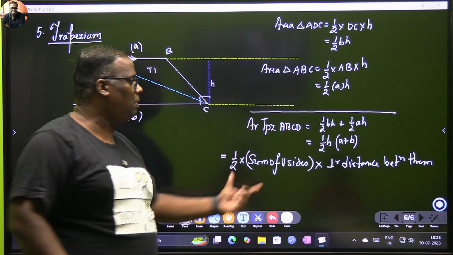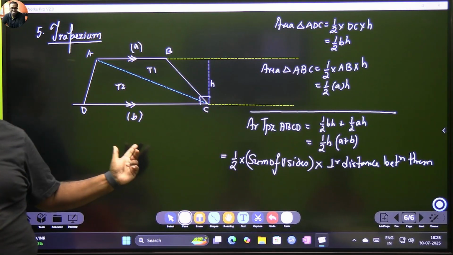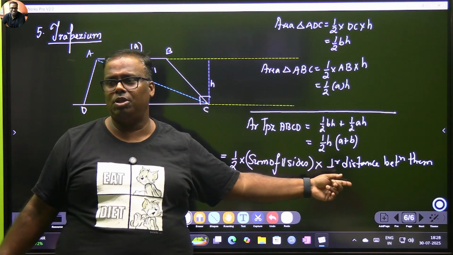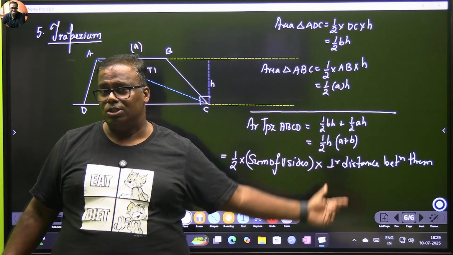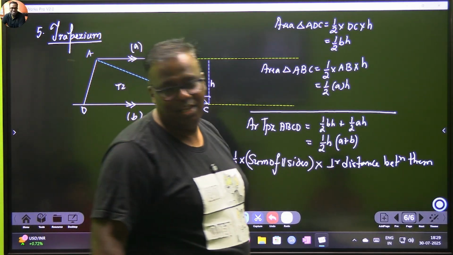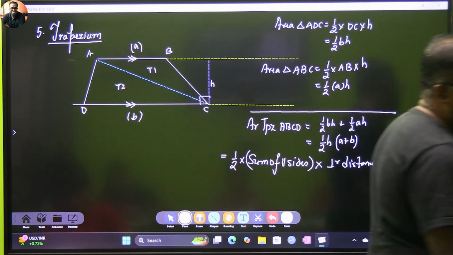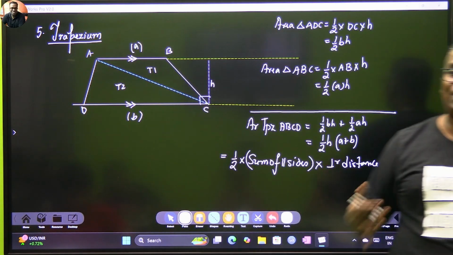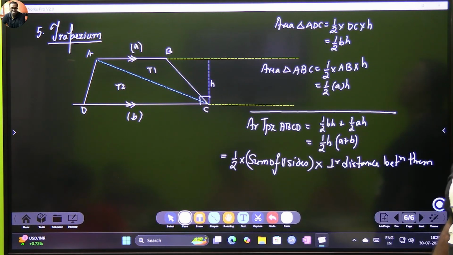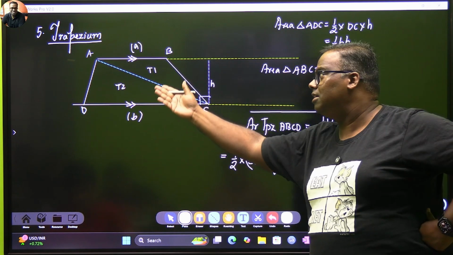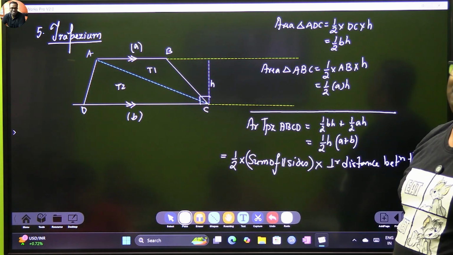What is the sum of the parallel sides? a plus b, into the perpendicular distance between them. So half (a plus b) h. That's the formula of a trapezium. Because people find the trapezium's formula by making a diagonal.